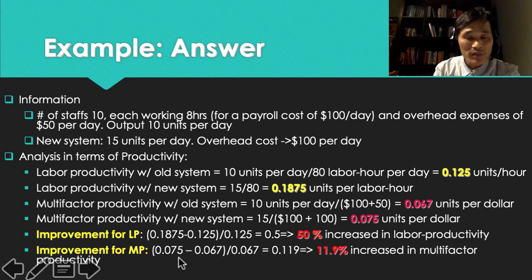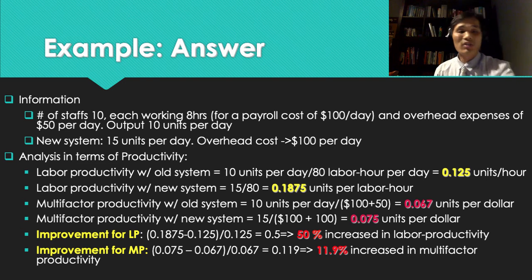Then we divide by 0.067, which gives you 0.119. So therefore, we can say an 11.9% increase in multi-factor productivity happened in this new system. So here's an example of that. Multi-factor productivity can become quite complicated.